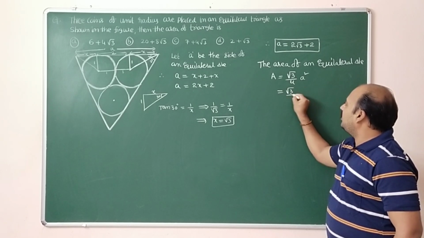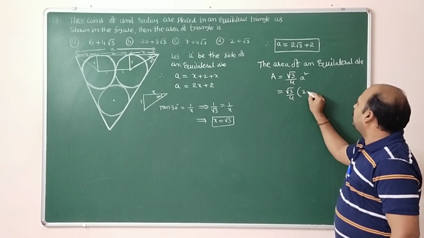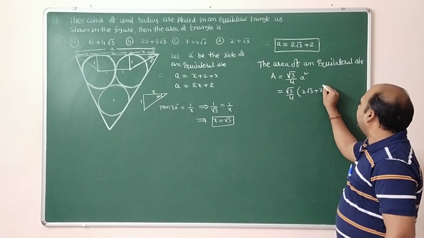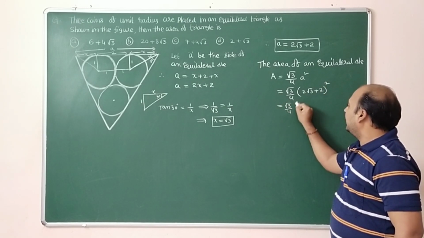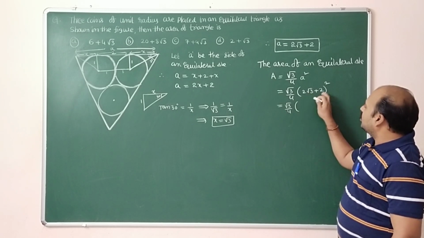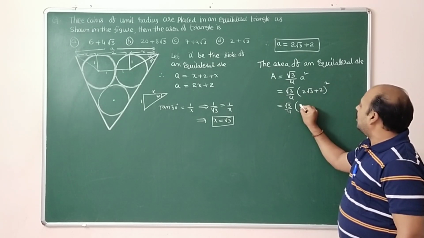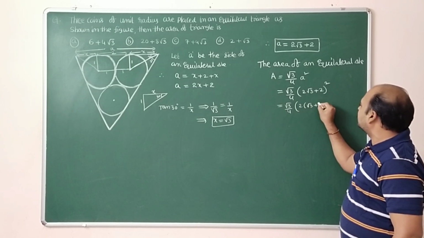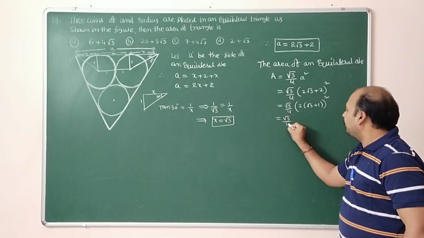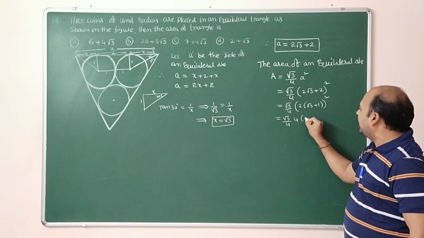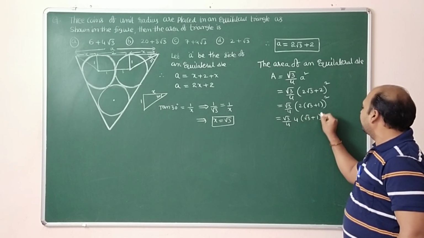So root 3 by 4 into A square, 2 root 3 plus 2 whole square, which is equal to root 3 by 4 into 2 whole square, taking 2 common, root 3 plus 1 whole square. So that is equal to root 3 by 4 into 2 square, that means 4, into root 3 plus 1 whole square.